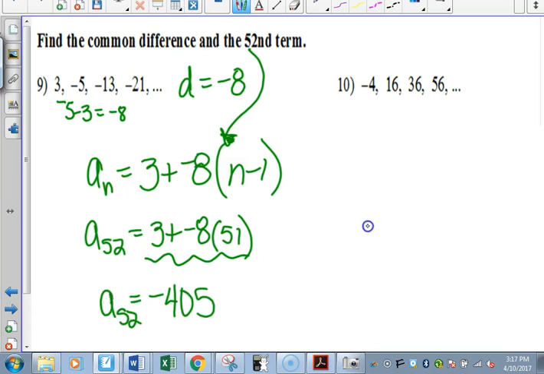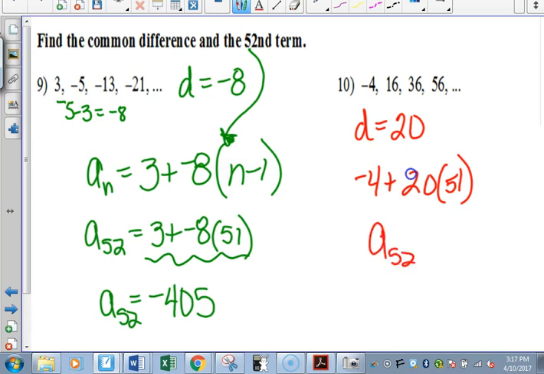So can you try the next one quick? Yeah, I don't know why you would want to. If it asked for the explicit term, I would, but if I were doing this question, I would just say the difference is what? And then I would say the first term plus that difference 51 times is going to give me the 52nd term.